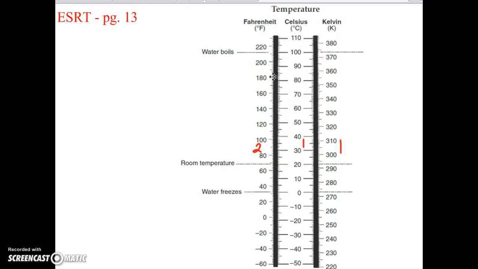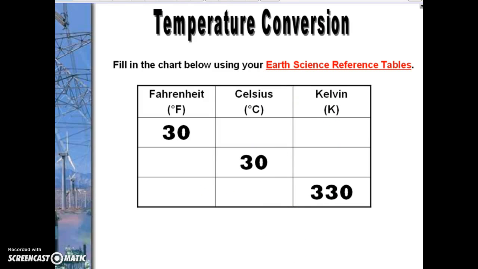Now, one of the skills that we need to master is we need to be able to convert from degrees Fahrenheit to the other scales. So we're going to do a little bit of practice. On the top of your page, you have this chart here, which has some numbers filled in. I want you to pause the video and use the temperature scale from your reference table to try to convert them. When you're done, replay the video and we'll find out how well you did.